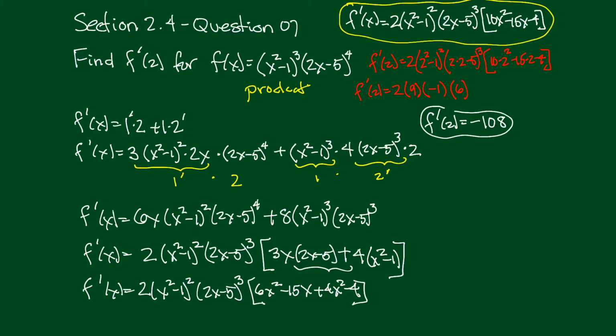So at x equals 2, the derivative is negative 108, which means that if we increase x from 2 to 3, f will go from whatever it was at that value, but it will decrease by 108 points. So if we go from 2 to 3, we're going down 108.